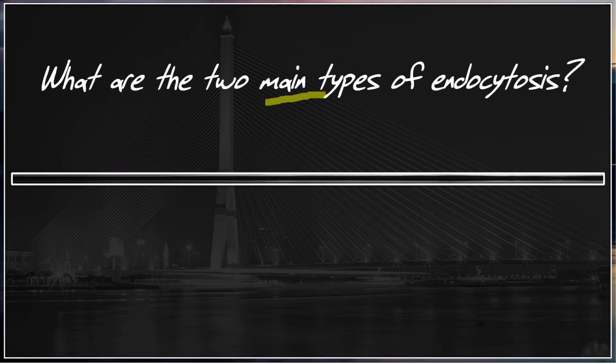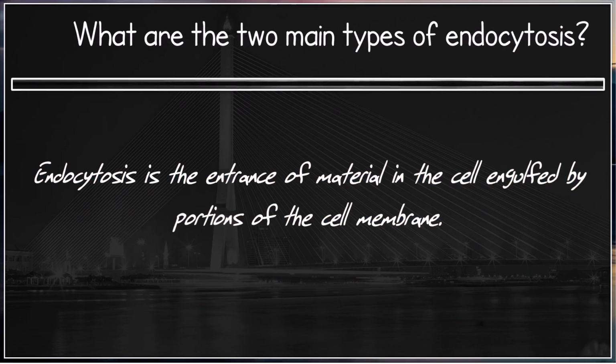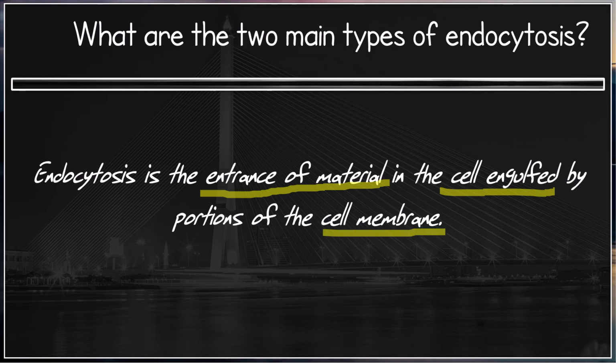What are the two main types of endocytosis? Endocytosis is the entrance of material in the cell engulfed by a portion of the cell membrane.